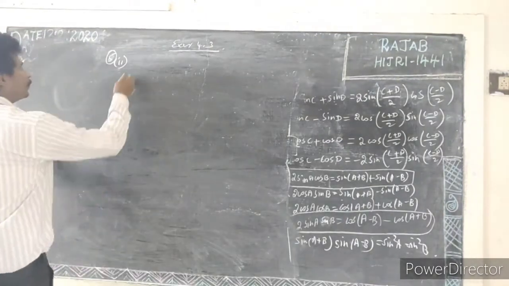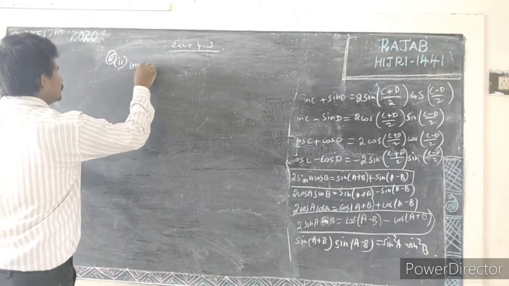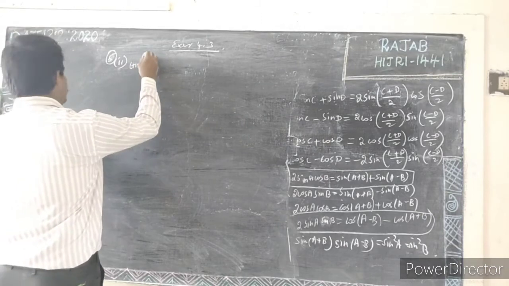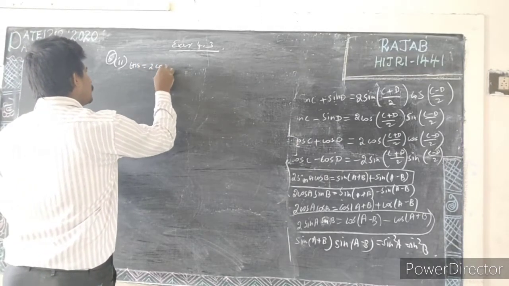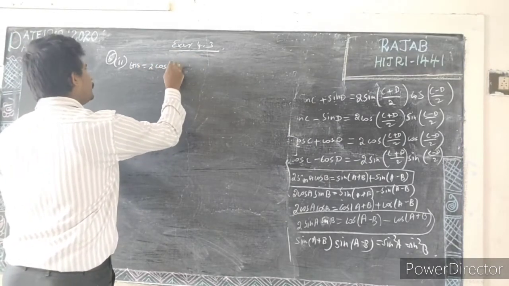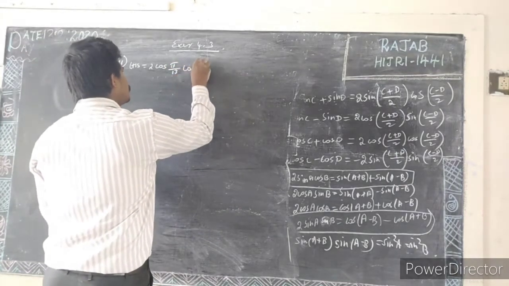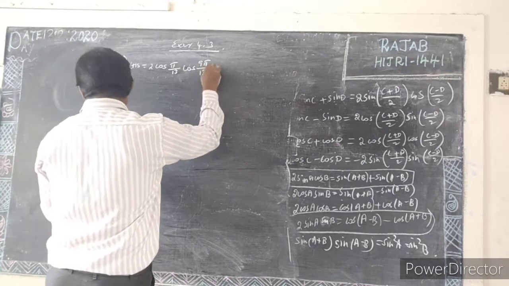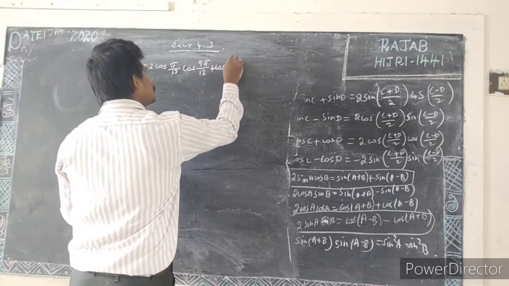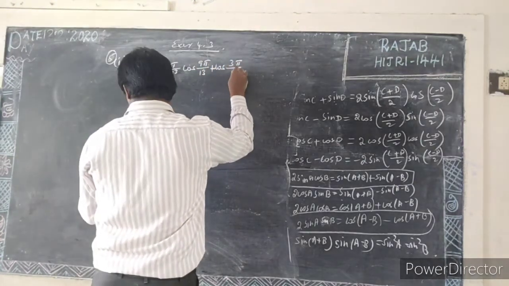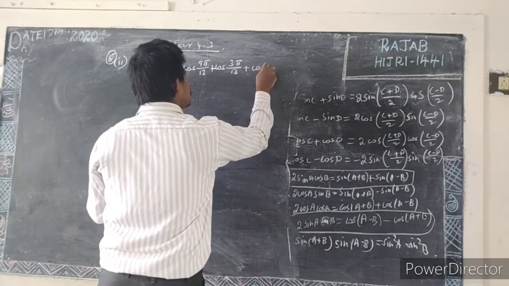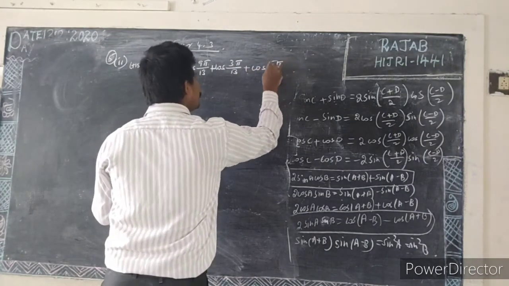So first, I am going to take our LHS. LHS is 2 cos pi by 13 cos 9 pi by 13 plus cos 3 pi by 13 plus cos 5 pi by 13.